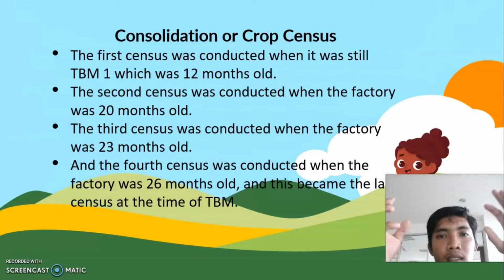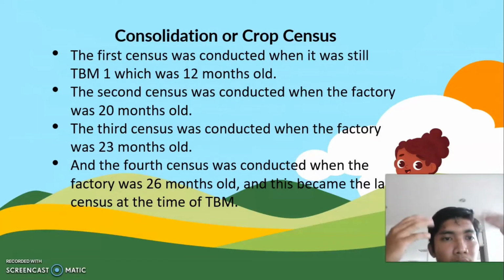The second census was conducted when the plant was 20 months old. The third census was conducted when the plant was 23 months old. And the fourth census was conducted when the plant was 26 months old, and this became the last census at the time of TBM.